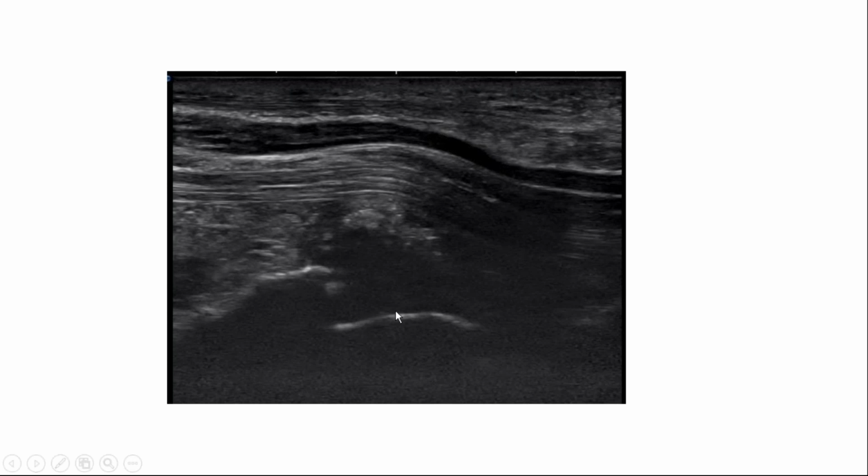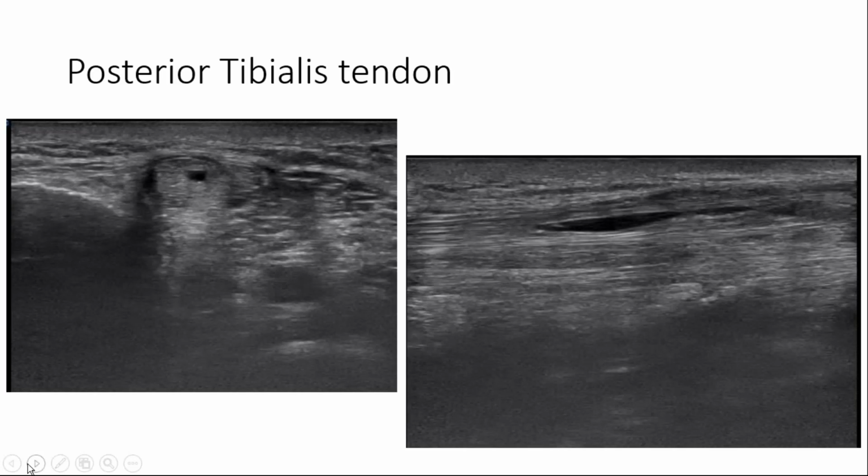There's also evidence of this mass compressing the structures of the carpal tunnel in the right wrist. So you can make the suggestion that this mass has a mass effect on the carpal tunnel. Okay, very good. I think that's the last case.